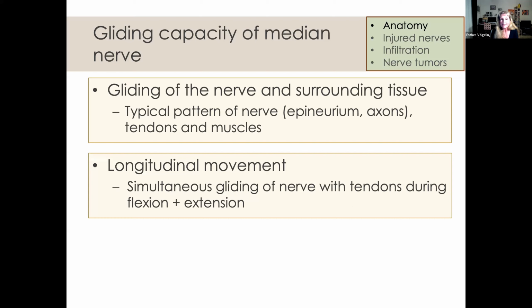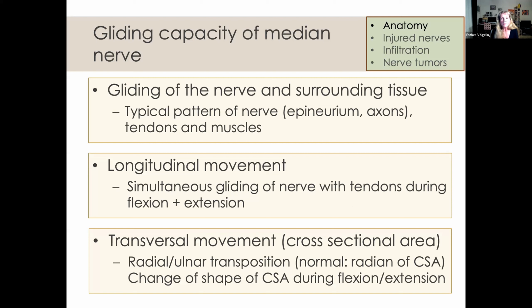This is very nice to learn around the median nerve, but there are also other nerves we can experience that. And the transversal movement, the cross-sectional area with the ulnar and radial transposition of the nerve. So looking at the nerve, you always have to check the gliding, the longitudinal and the transversal movement in comparison to the other side in order to get enough information about this nerve.